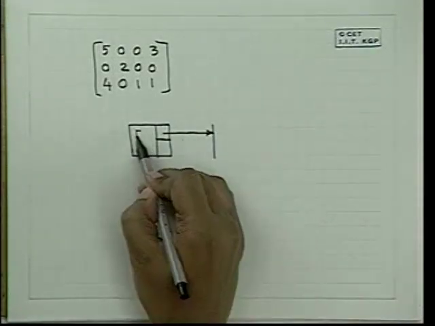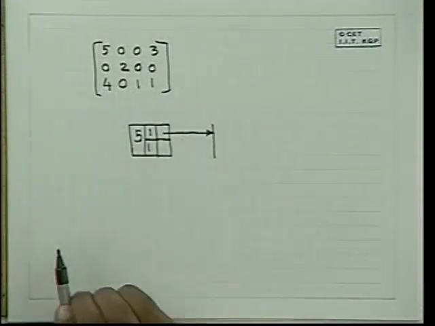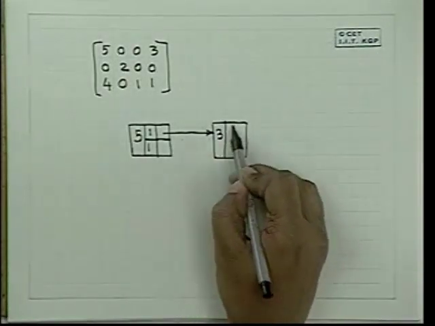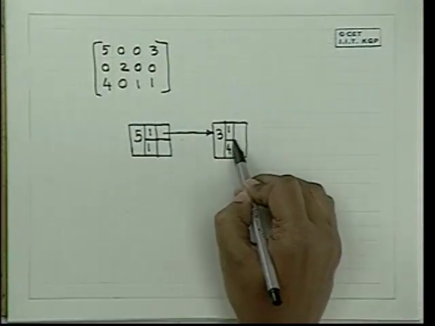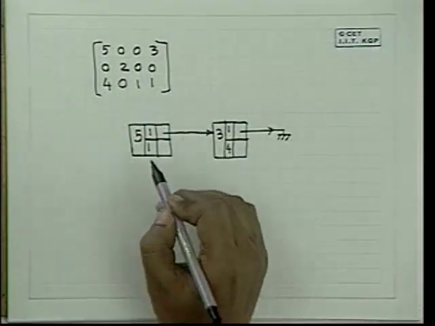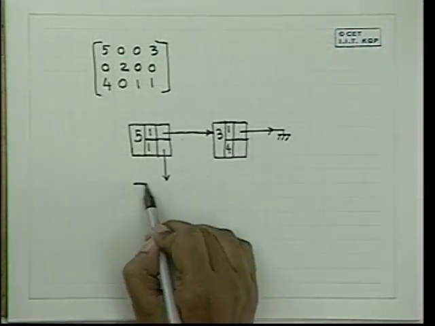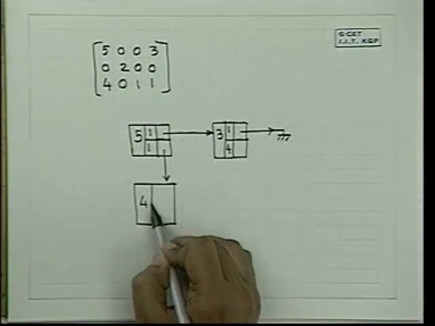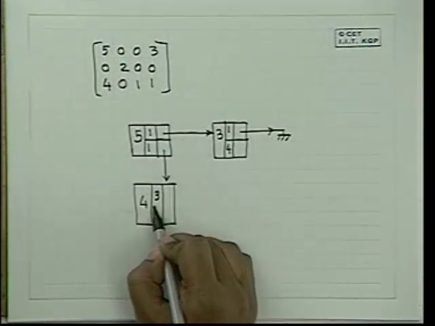So if this is 5, and row and column is 1 1, then the next element will be 3, at 1 4. This will be ground. Then this, let us see, this will be 4. This will be 3, this will be 1.